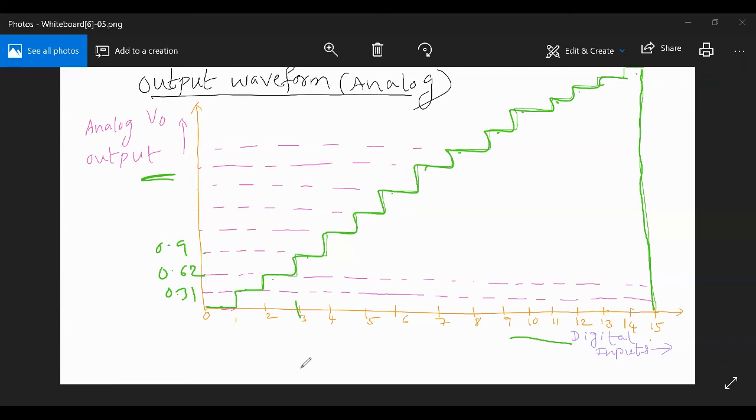Therefore whatever the maximum output we were getting for the maximum input, once input 15 is over, that would be decreasing to 0 immediately. So after 15 the output is decreased to 0, right? So this is the waveform for the R2R DAC. Thank you all.